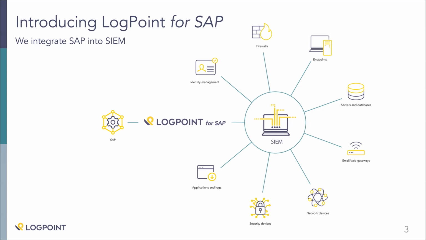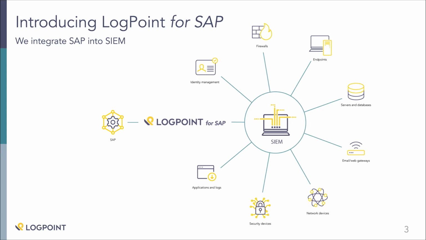The reason for that is SAP is just not sending security relevant information to a SIEM system. Now, with the help of our knowledge in SIEM and SAP, we have worked on a bridging technology that integrates SAP into SIEM systems. With LogPoint for SAP, we manage that integration.